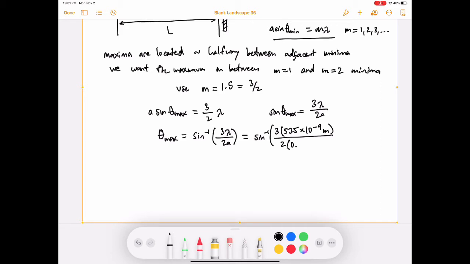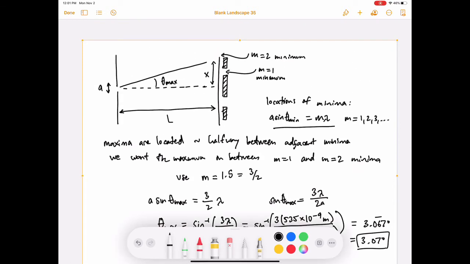A is 0.0150 millimeters, so that would be times 10 to the minus 3 meters. Now this works out to 3.067 degrees. With 3 sig figs, that's about 3.07 degrees. So back to the picture, that's our theta max. That's the angle we have to go off the center line to get to the first off-center maximum.